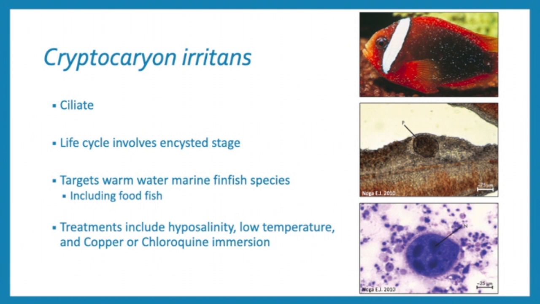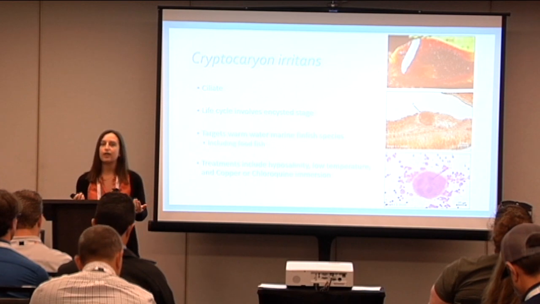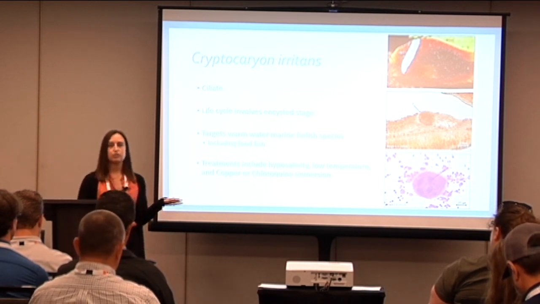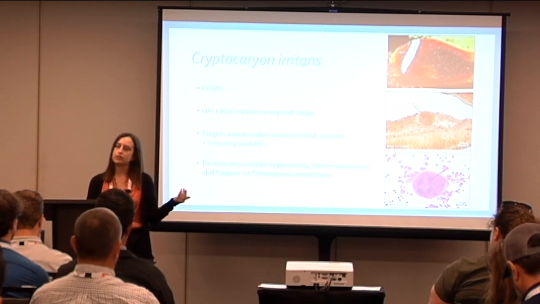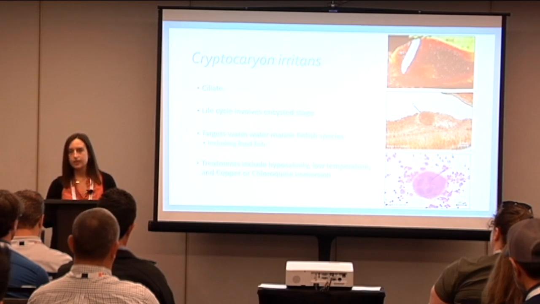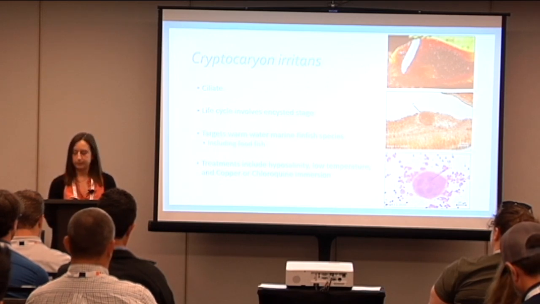Most of the treatments for any of these pathogens involve changes in water quality, temperature, and salinity mostly, and then also chemical treatments. For some chemical treatments, especially in aquarium systems where you have any number of different species, you have to remove elasmobranchs, for instance, out of the system before you can treat. So it's expensive, costly, and time consuming.